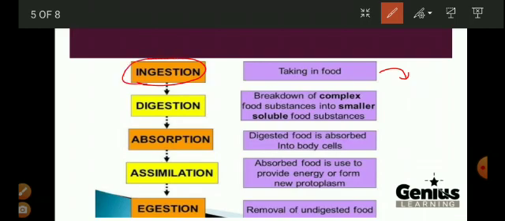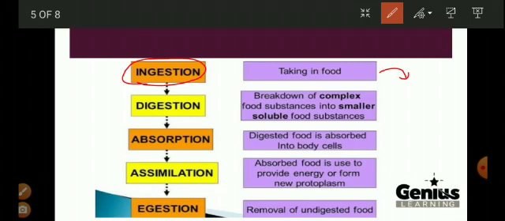Now we move to digestion. Digestion is the breaking down of complex food into smaller soluble food substances. If we put food in our mouth, like a piece of bread, after chewing for some time you'll notice that the bread has become sugary and sweet.